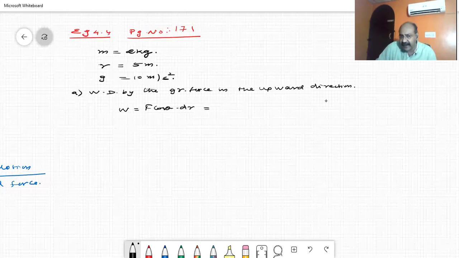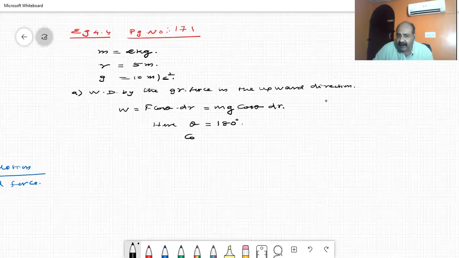Since it is the gravitational force, it is mg cos theta multiplied with dr. What is theta? Here, the body is thrown upwards against the gravitational force. The gravitational force is acting in the downward direction, but the movement is along the upward direction. So I can say theta equal to 180 degree.